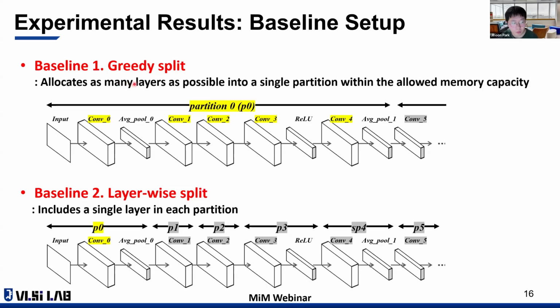Since there was no compiler framework for splitting up and executing in multiple partitions, we have some very basic baselines. The first one is greedy split, where we allocate as many layers as possible into a single partition. So that allows the memory capacity inside a single chip.